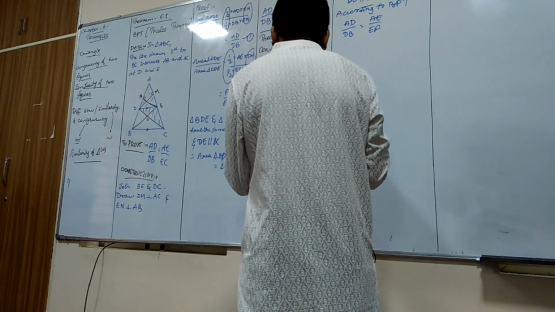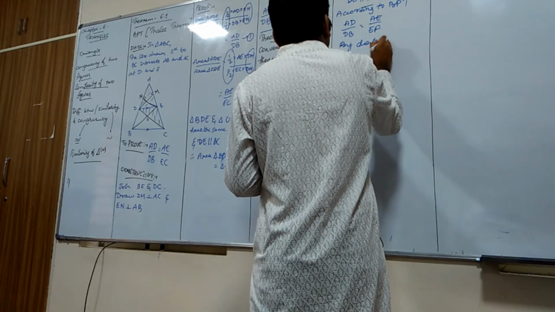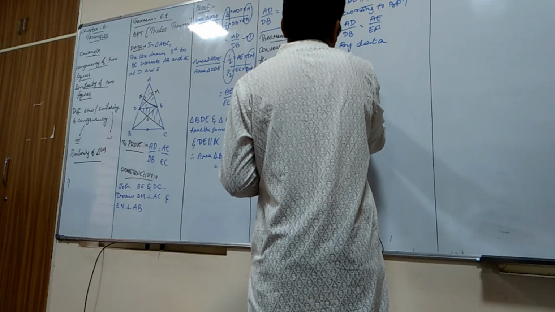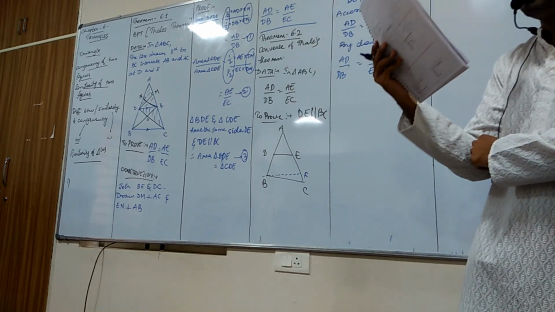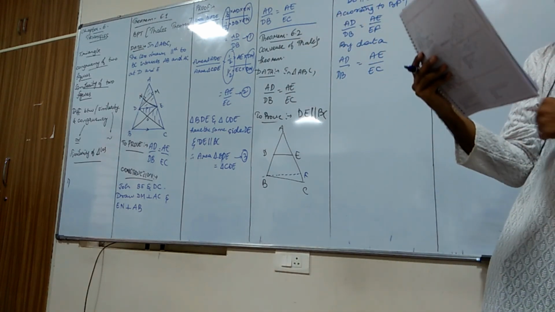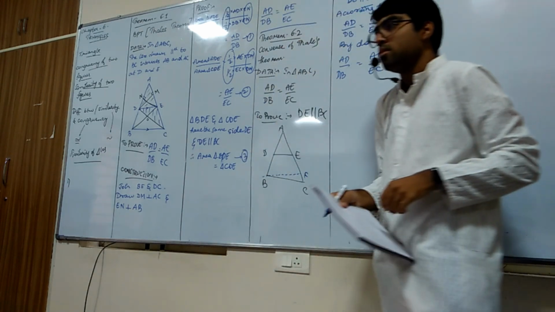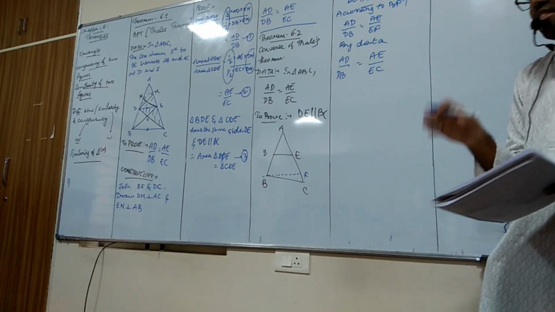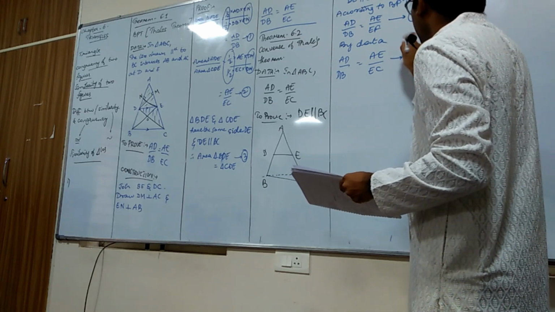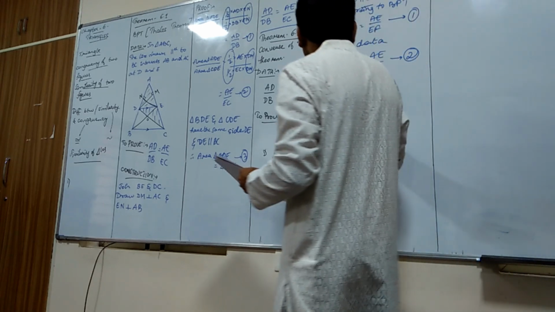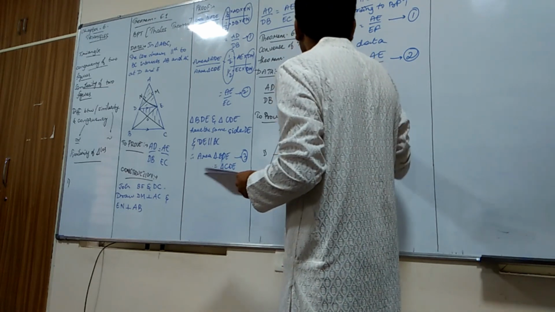By data, AD by DB is equal to AE by EC. Name this 1 and this 2.